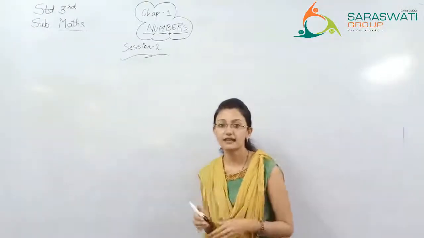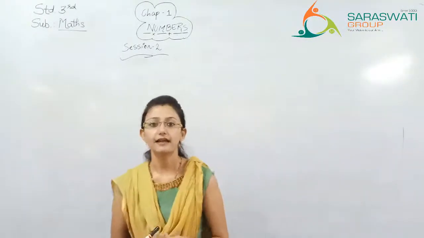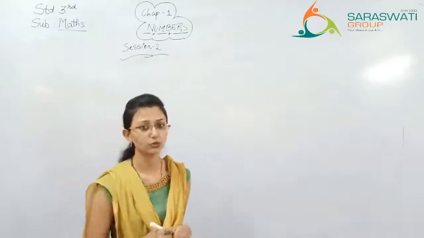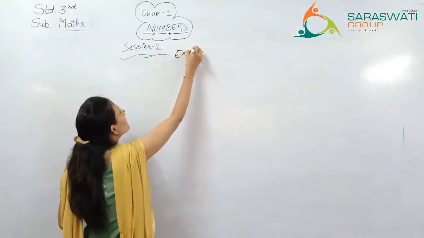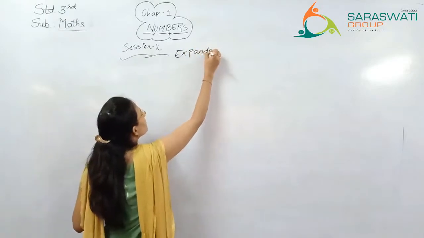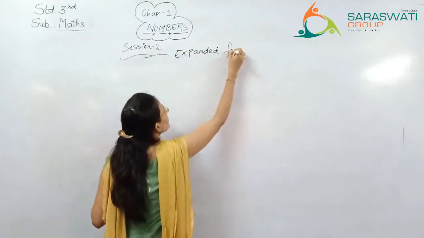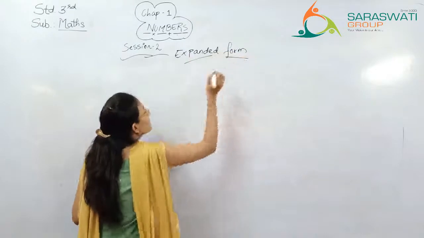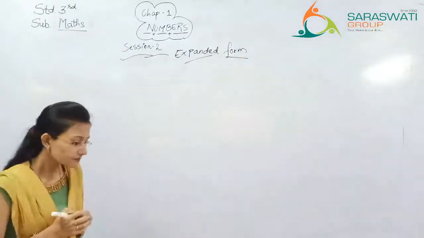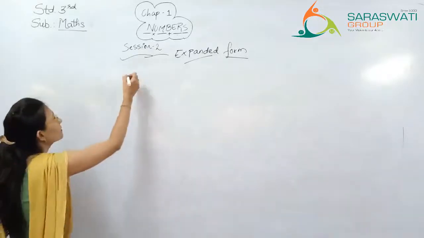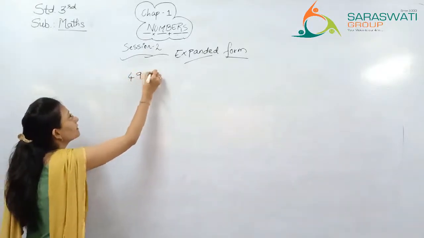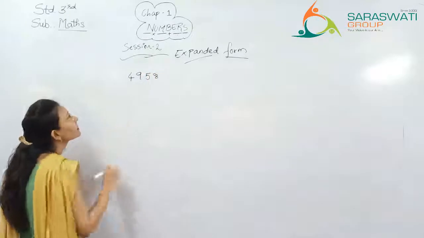Before learning and understanding the exercise, let us learn something new today. Expanded form. We will learn expanded form of the numbers. So here I am giving you one number, 4958.